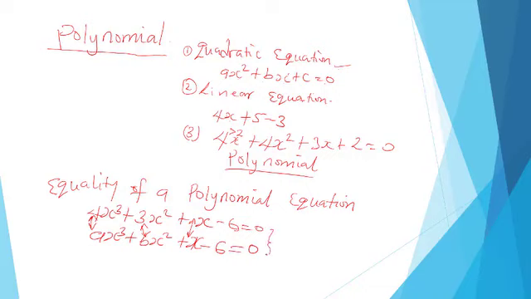This is the only way two polynomials can be equal. If not, it is not possible. So for two polynomials to be equal, the subscript attached to each of the x variables must be equal and uniform. Then that is when you can have equality of polynomials.